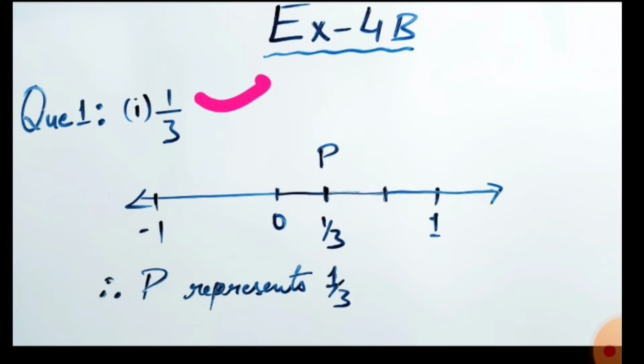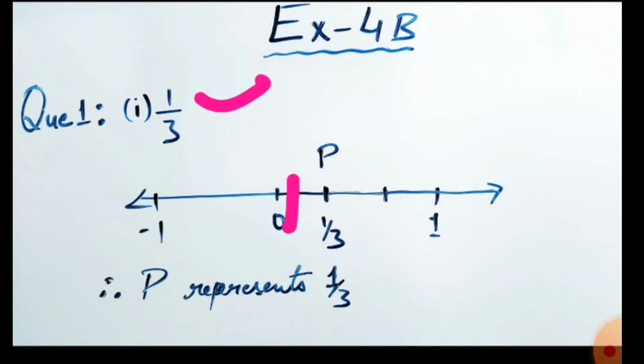So first of all we will make a number line. Here it is 0 and here it is 1, and we know that it will lie between 0 and 1.